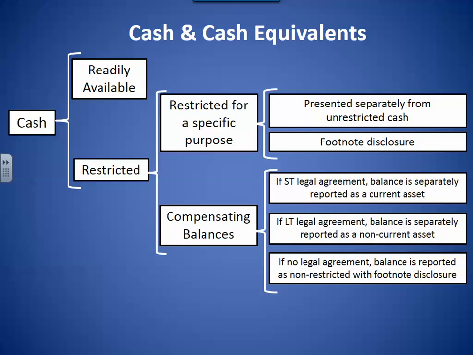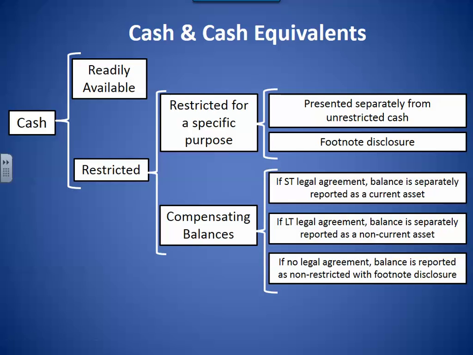Now, when we take a look at cash, cash itself can be categorized into two areas. The first one being readily available, and that becomes a cash and cash equivalent. However, in some cases, cash, even though it's cash, is restricted for a specific purpose. Typically, a specific purpose is, let's say, a bond sinking fund where a company has to deposit so much money in a particular bank account, and that amount is maintained over the years and used to pay off, let's say, a bank note or a bond.